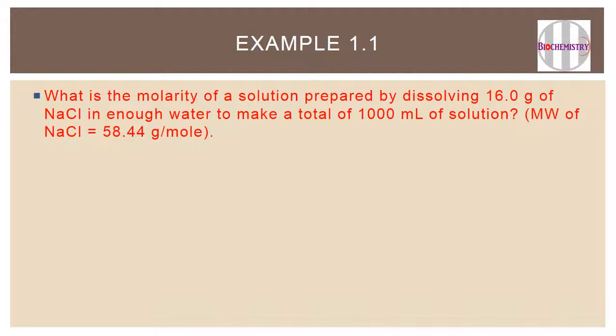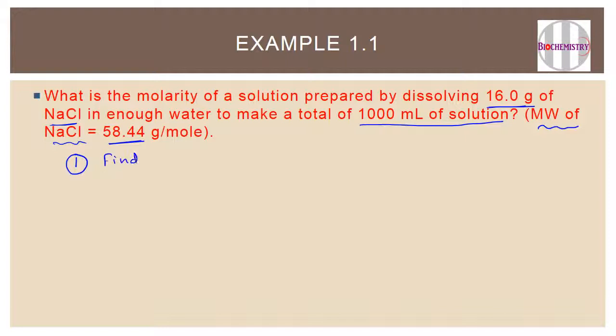Now example 1.1: what is the molarity of a solution prepared by dissolving 16 gram of sodium chloride in enough water to make a total of 1000 ml of solution? See, the molecular weight of NaCl is given, that is 58.44 gram per mole. So here what we will do is, first step will be to find out moles of NaCl.